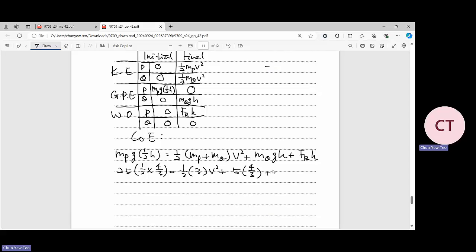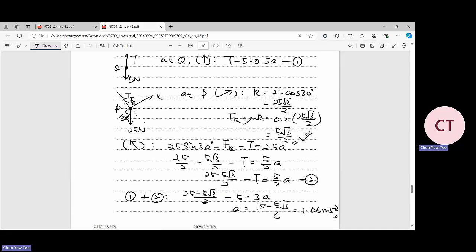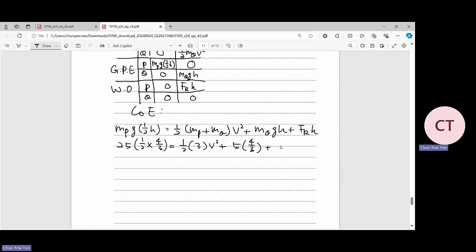Frictional force F_R is 2 root 3 over 2, so root 3, and the h is 4 over 3. So we can simplify everything here. Then you get 50 over 3 equals 3 over 2 v squared plus 20 over 3 plus 2 times root 3 over 3.